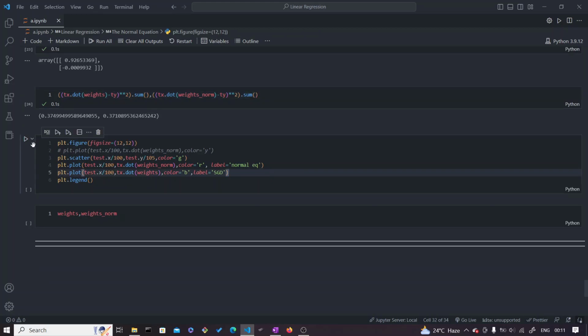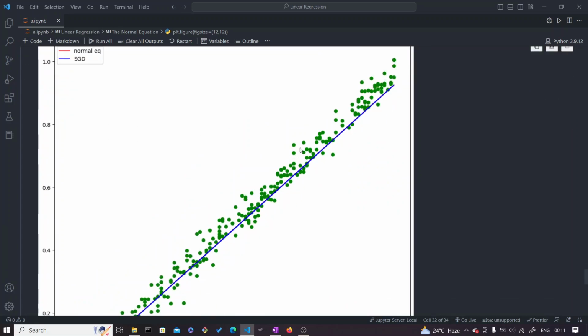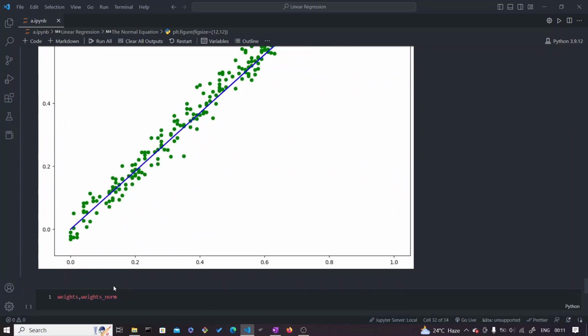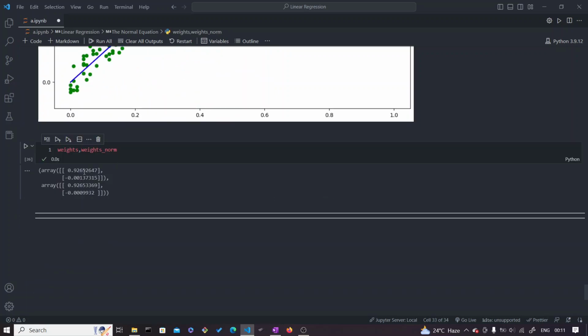Now if you plot both, you can see that the normal equation and SGD lined up quite well. If you see the weights, they're almost close to each other. We got these weights using gradient descent, and these using the normal equation, so you can see these two weights are pretty similar.